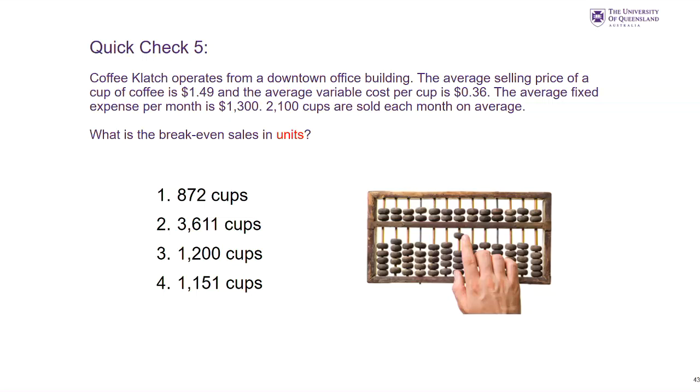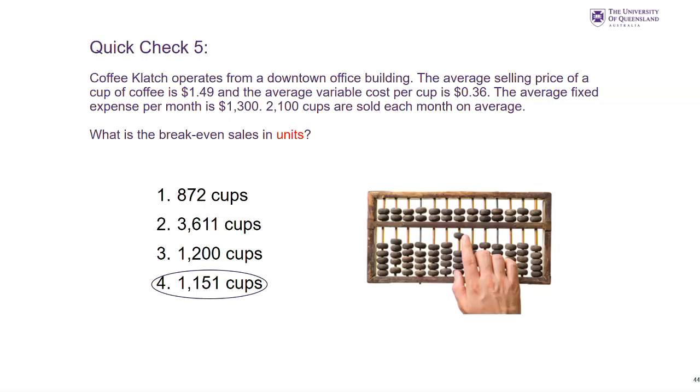Okay, does anyone have an answer? Number 4? Great. So, how'd you get that? Yes, the unit contribution margin, $1.49 less 36 cents, is $1.13. Great.